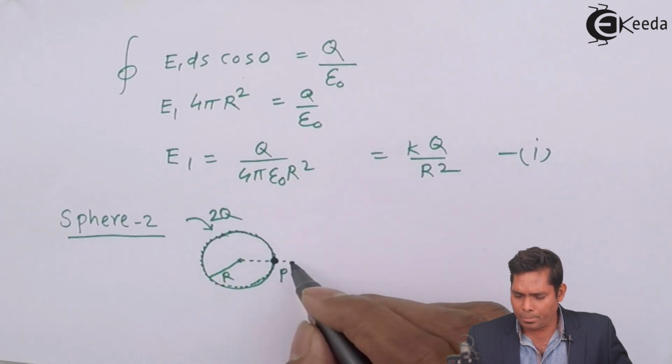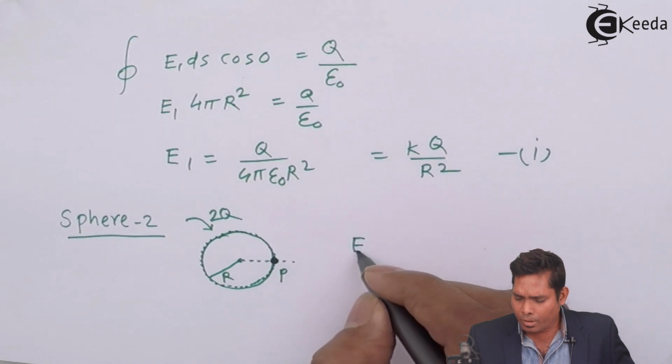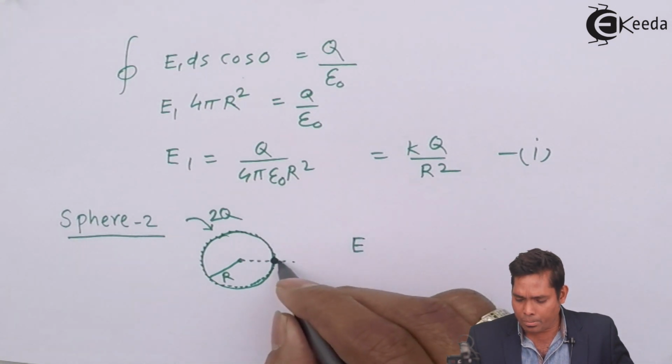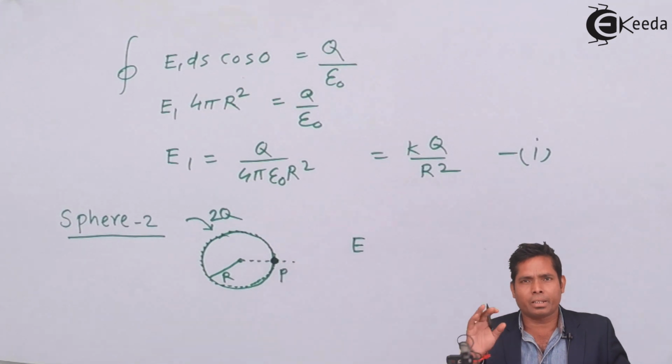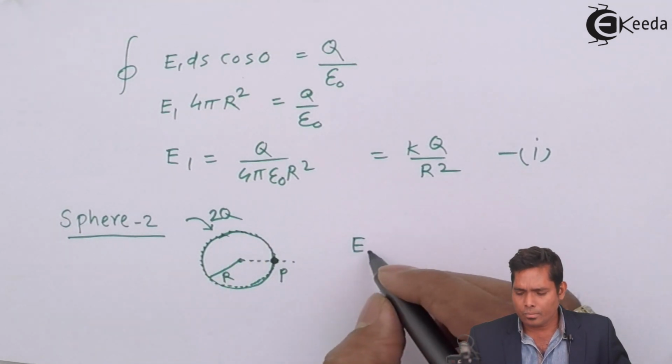So for this point, if I apply the Gauss theorem, because the direction of E and ds for a small element will be the same, and at each point it is the same, I have to integrate it.